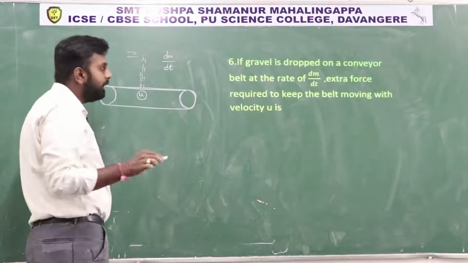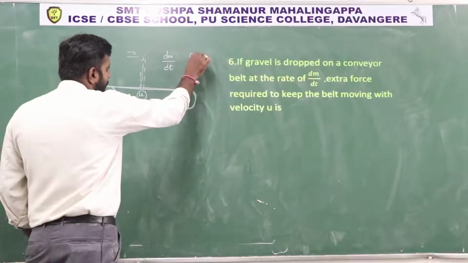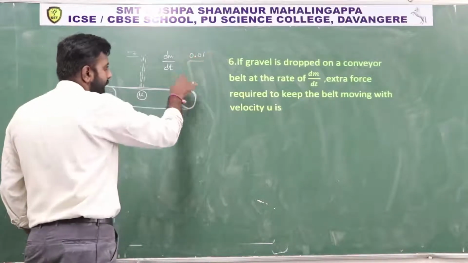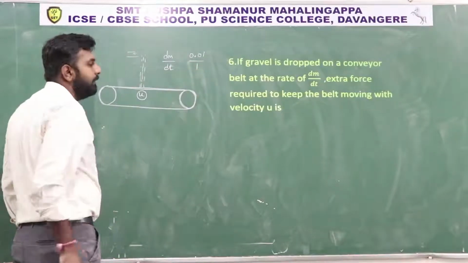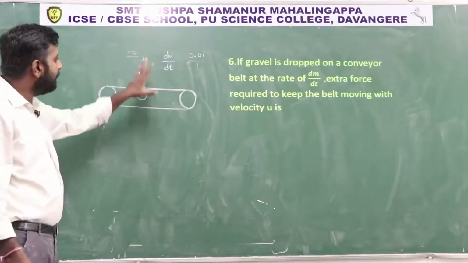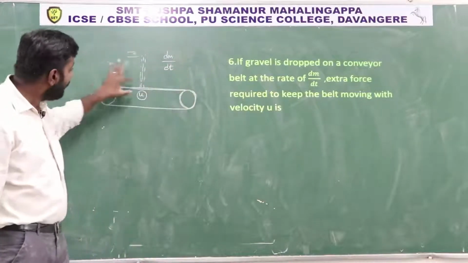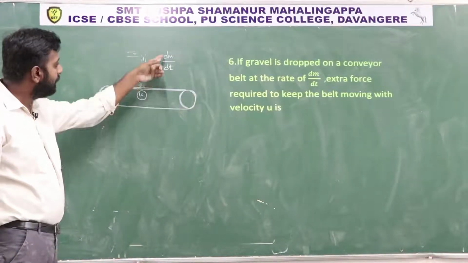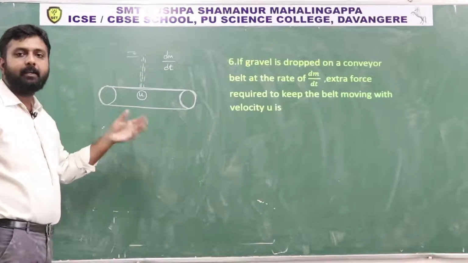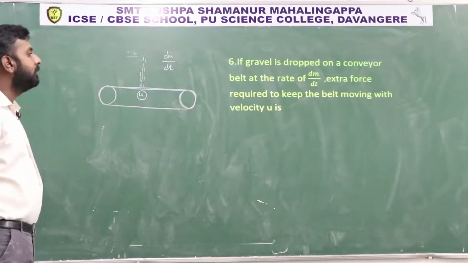Let us consider 0.01 kg per second or 0.1 kg per second. The mass is dropping on this conveyor belt. That is the meaning of dm by dt, the rate of change of mass.